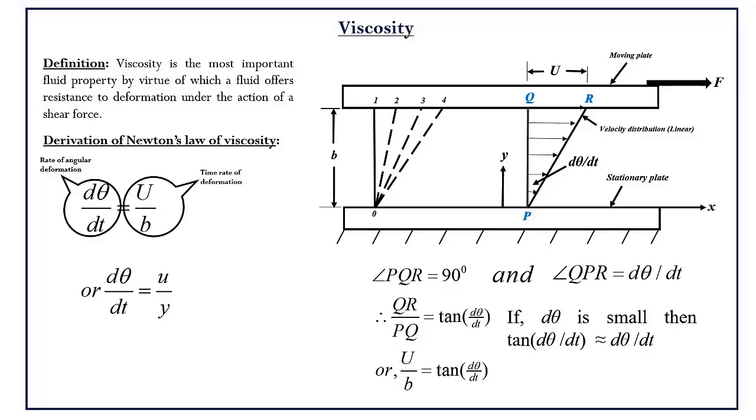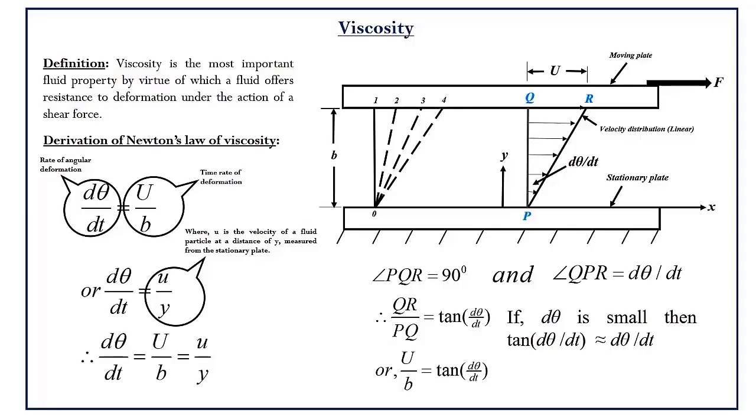Also, you can write d theta by dt is equal to u by y, where u is equal to the velocity of a fluid particle at a distance of y measured from the stationary plate. So ultimately we can write d theta by dt is equal to U by B is equal to small u by y, that is equation number 1.